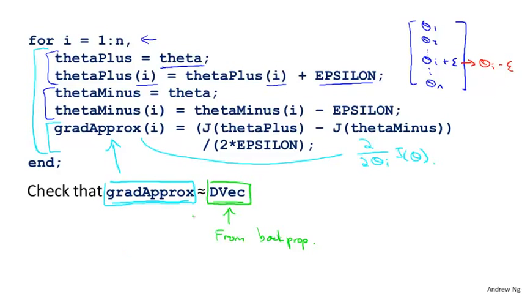If these two ways of computing the derivative give me very similar answers, up to a few decimal places, then I'm much more confident that my implementation of backprop is correct. And when I plug these dvec vectors into gradient descent or some advanced optimization algorithm, I can be much more confident that I'm computing the derivatives correctly, and therefore that hopefully my code will run correctly and do a good job optimizing J of theta.